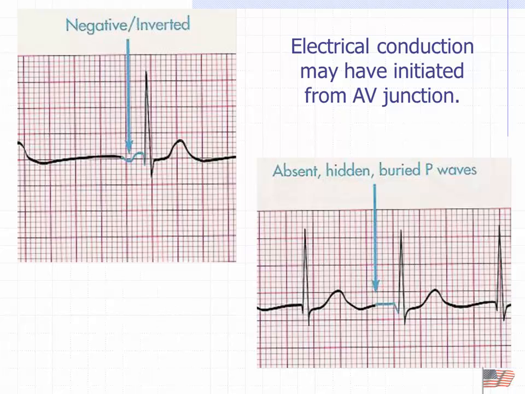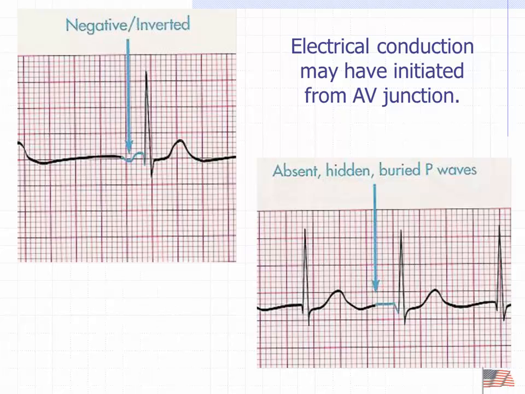Negative deflection means it's moving in the opposite direction that we would anticipate, based upon that lead. If I'm seeing an inverted wave, it's starting in the AV node and moving back towards the SA node.